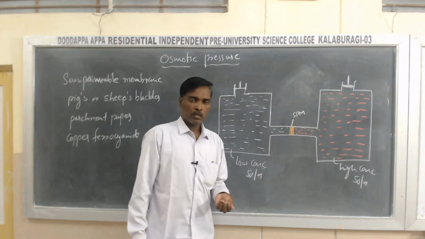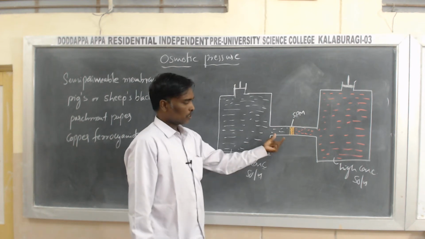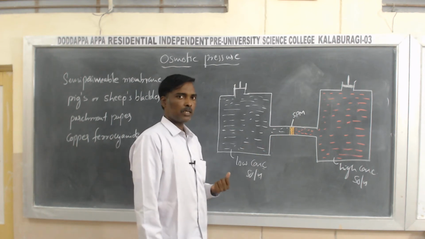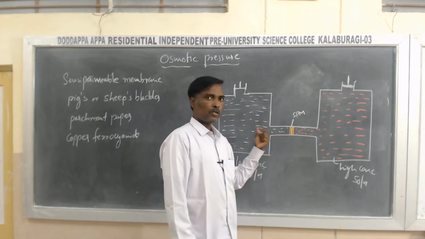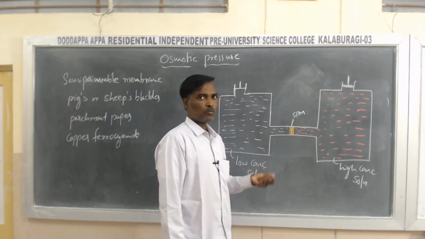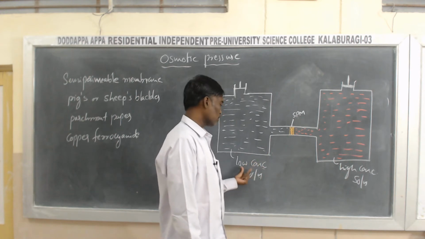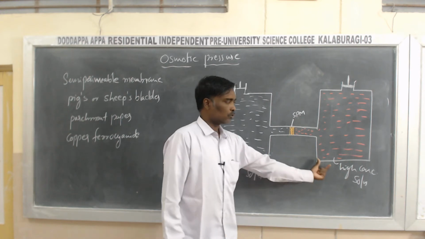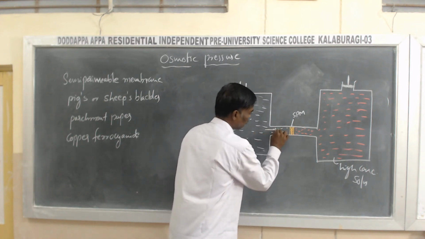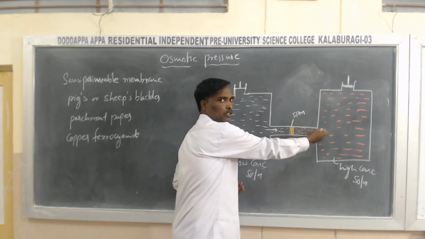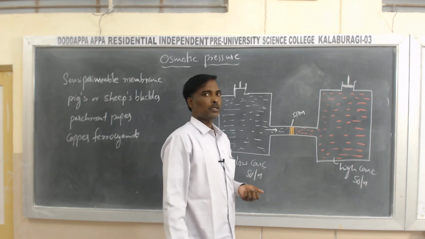As we know, when two solutions are separated by a semi-permeable membrane, the movement of the solvent molecules takes place from the low concentrated solution to the high concentrated solution.